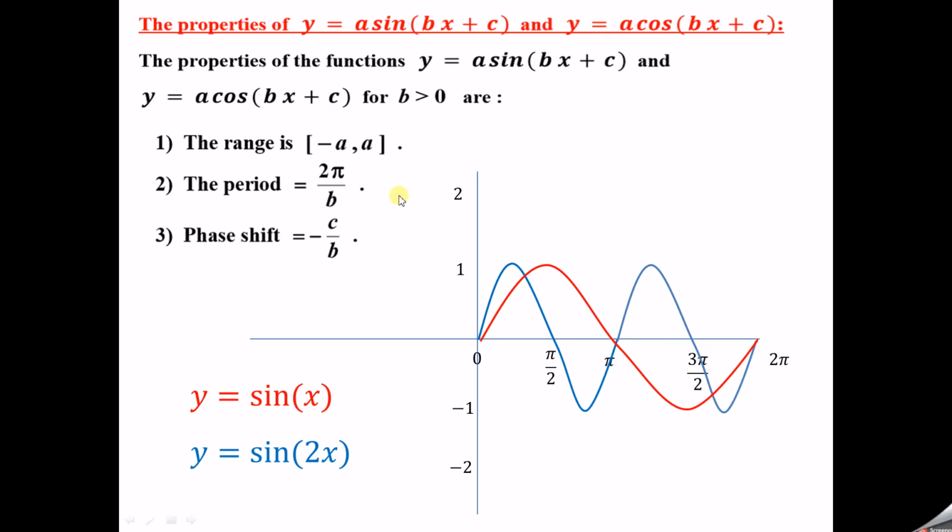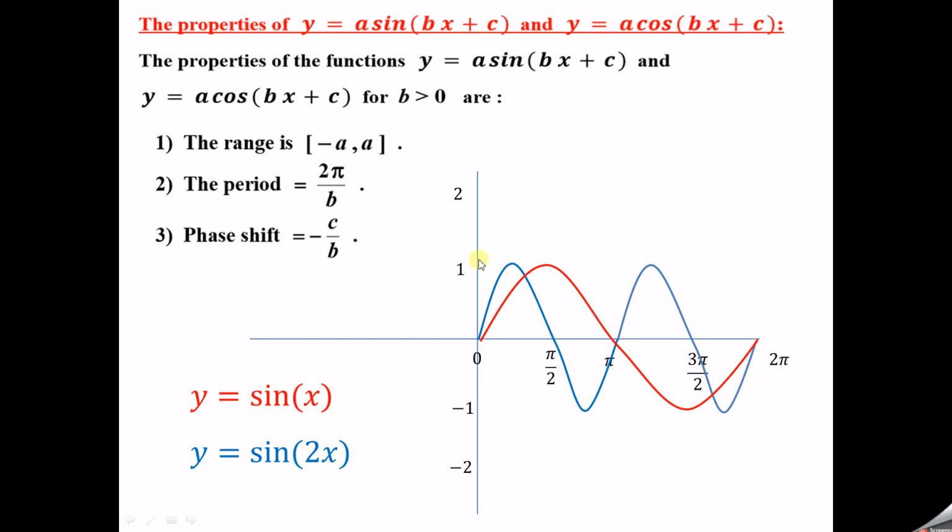So let us take another example. Here I have taken y equals sin x and y equals sin 2x. For these two functions, if we compare with the general equation, a equals 1 here, and here also 1. That means for both functions the range is the same, between minus 1 and plus 1.